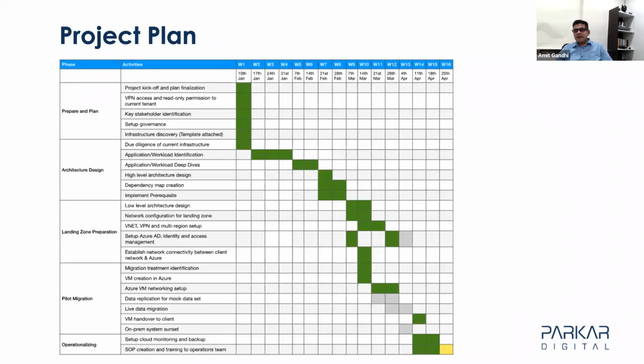Now, let's take a quick look at the high-level project roadmap and implementation plan, if it helps anyone. The whole project was divided into 5 phases over a 16-week duration, taking into account that some of the discoveries and deep dives could take a bit of time.